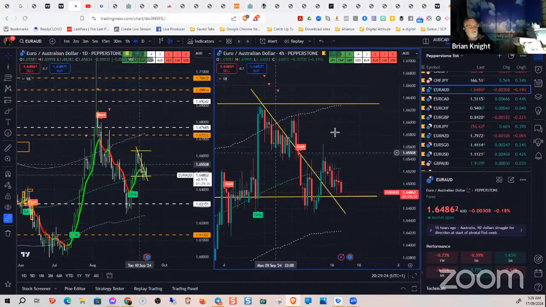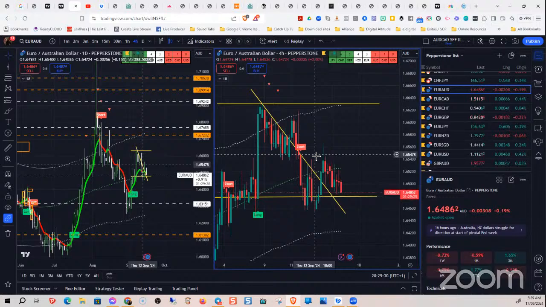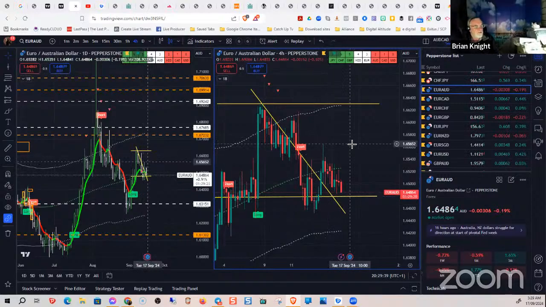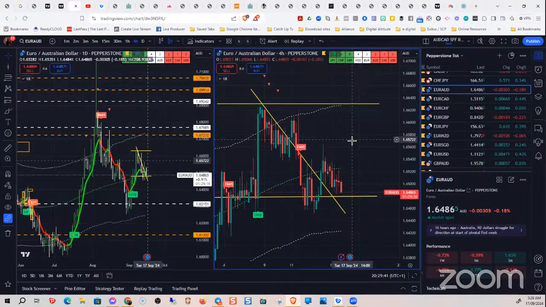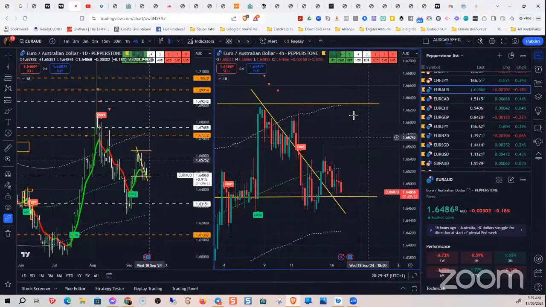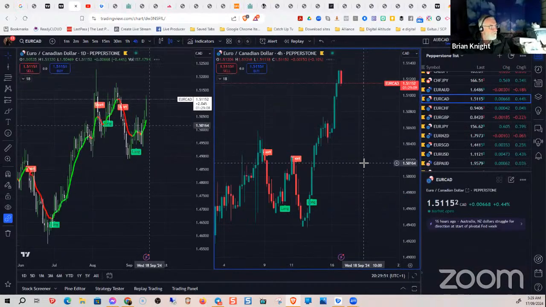Well, your yellow line is basically my entry. Oh, down here. Yeah. Oh, okay, gotcha. It came in, snapped me in, and pulled back. So now I just decided to let it run. If it's going to run, it's going to run. Okay, gotcha.